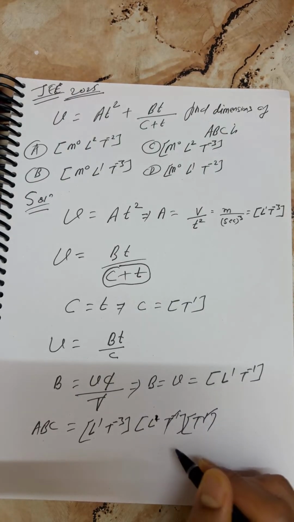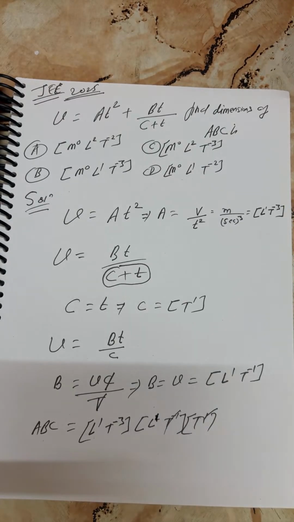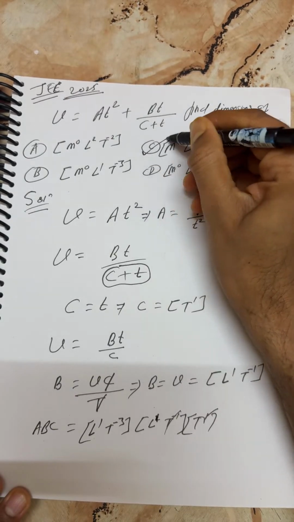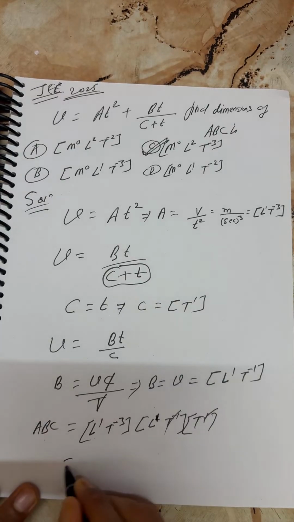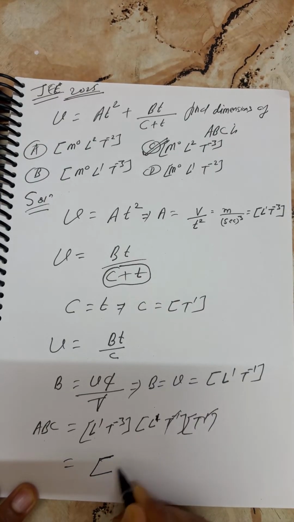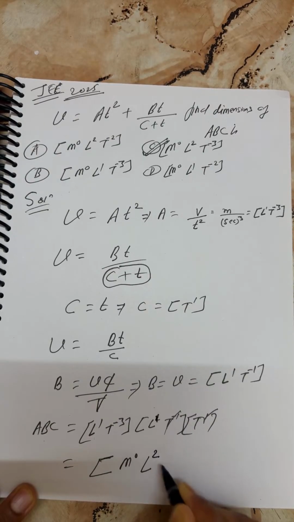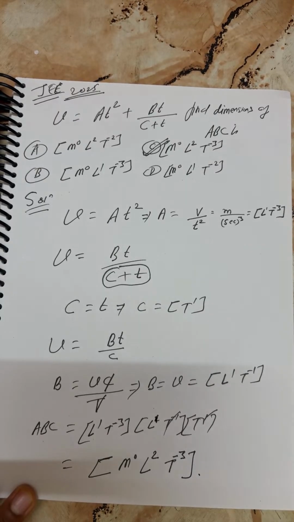So this is cancelled, and we get L2 T minus 3. Correct beta, option C only: M to the power 0, L to the power 2, T to the power minus 3.